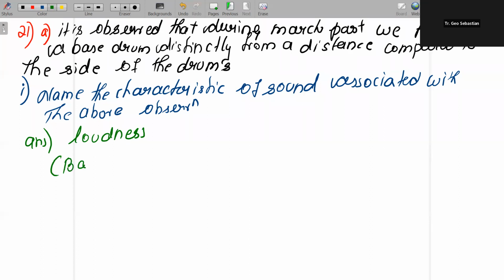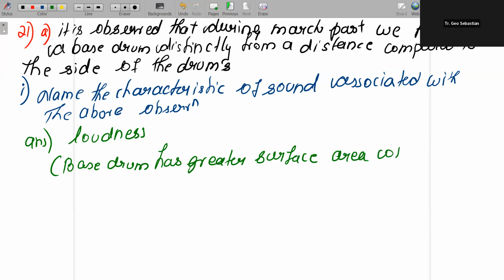Bass drum has greater surface area compared to the side drum.